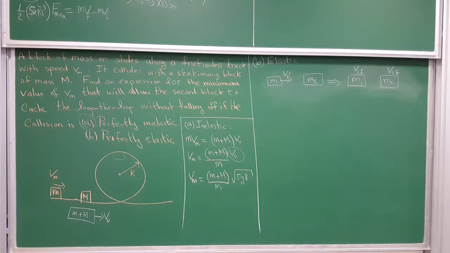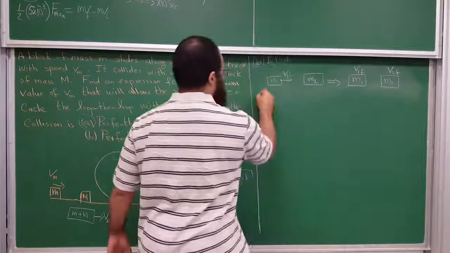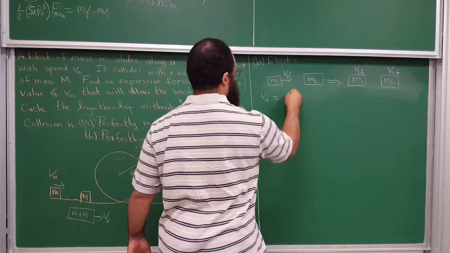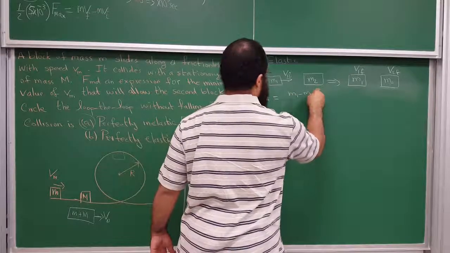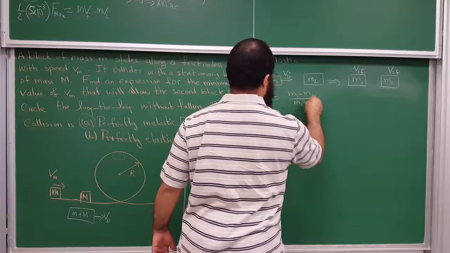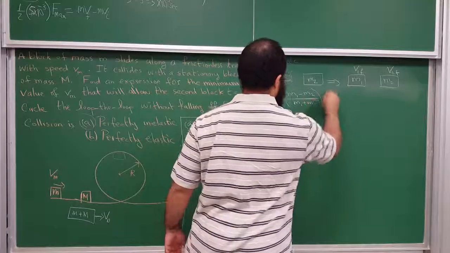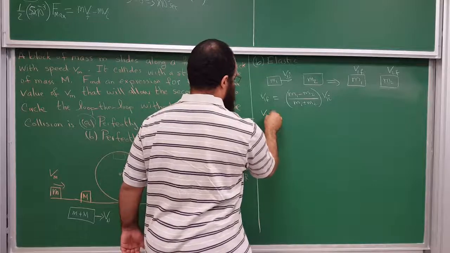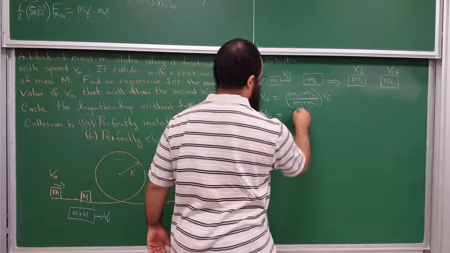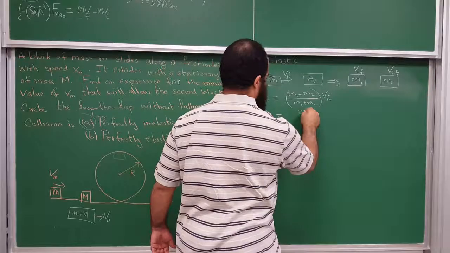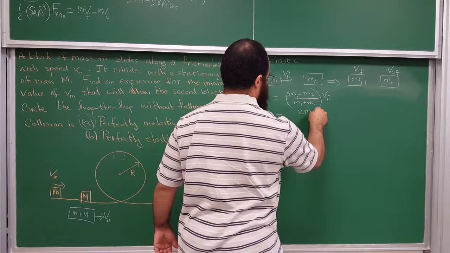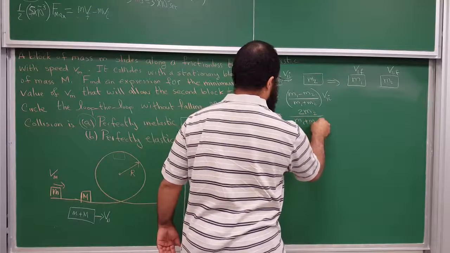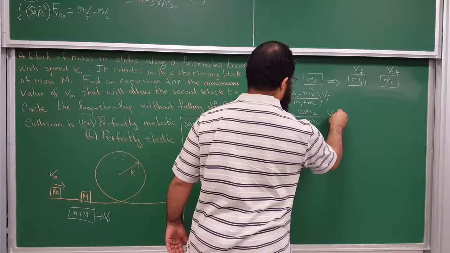Yes, that's correct. So the speeds are as follows. V1 final after the collision will be (M1 minus M2) over (M1 plus M2) times V1 initial, and V2 final after the collision will be 2 M1, I believe, over M1 plus M2, times V1 initial.